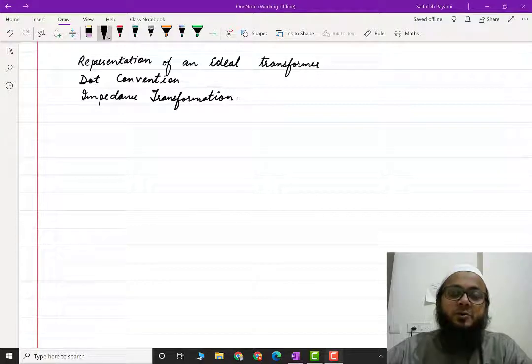Whatever flux is produced by one winding is linking the other winding. No flux leaks out of the core. And then we talked about the phasor diagram of an ideal transformer.